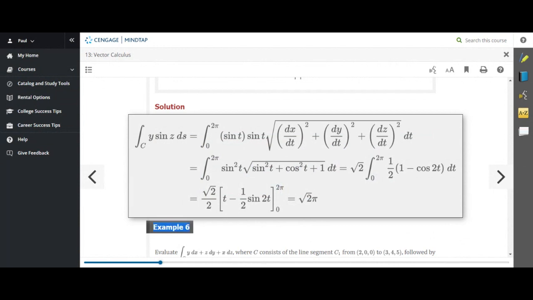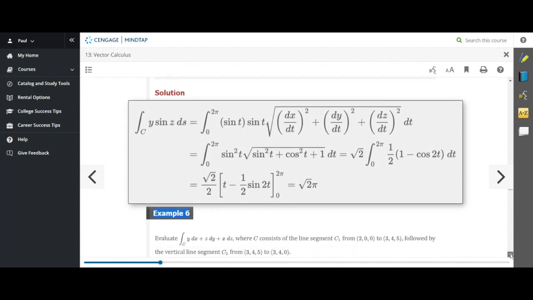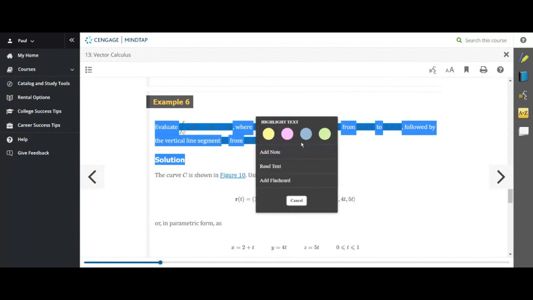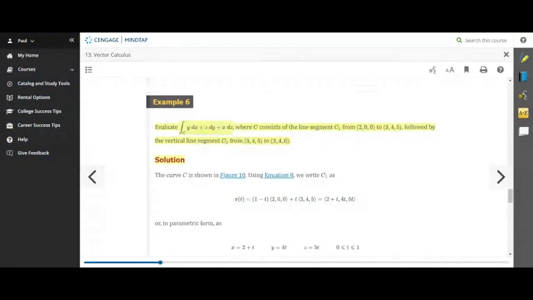In example 6, they have the sum of 3 line integrals: one with respect to x, one with respect to y, and one with respect to z, where C consists of 2 line segments.